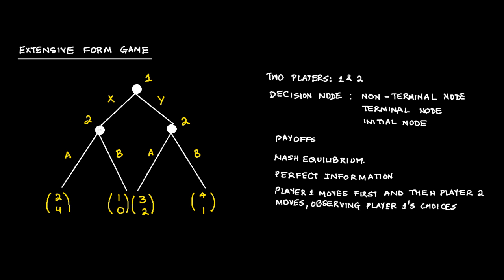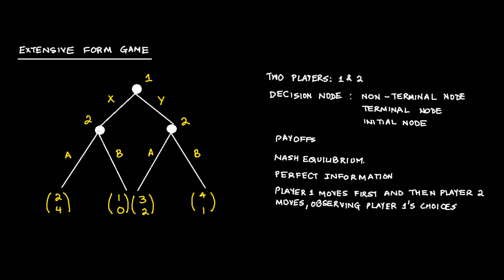Then player 2 comes after observing whether player 1 has chosen X or Y. Given player 1 has chosen X, then comes the node of player 2.